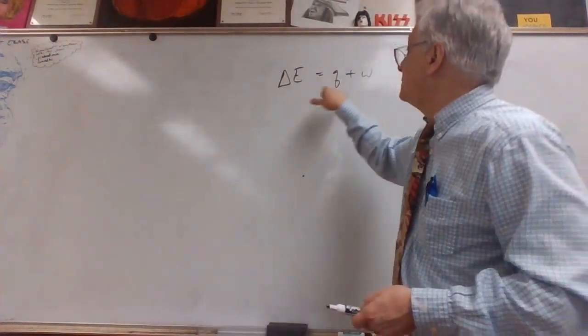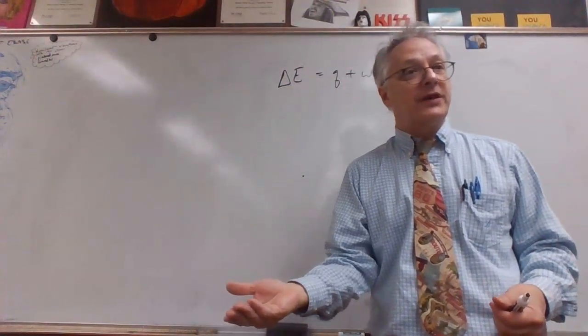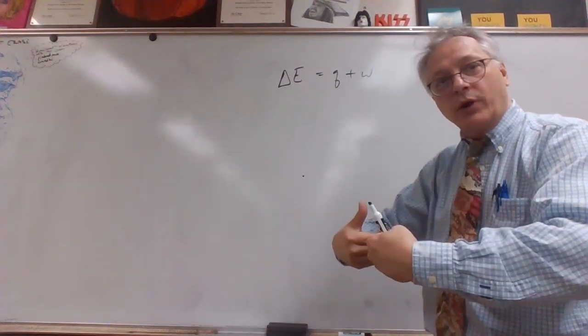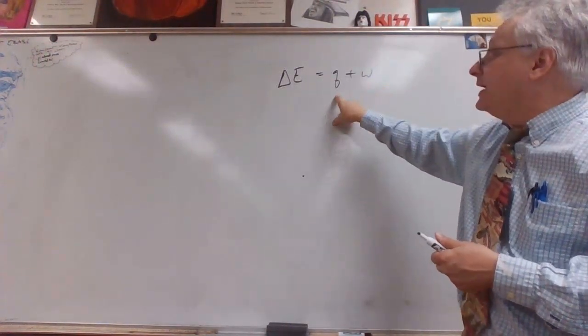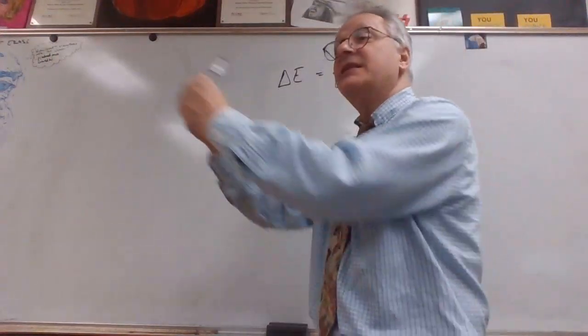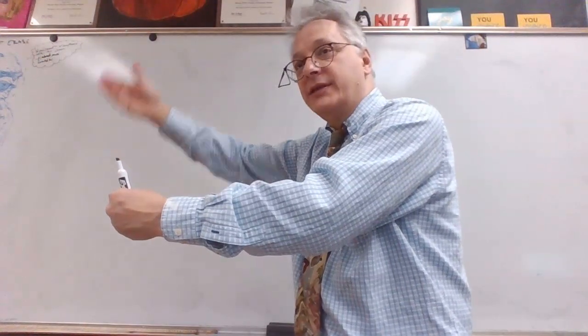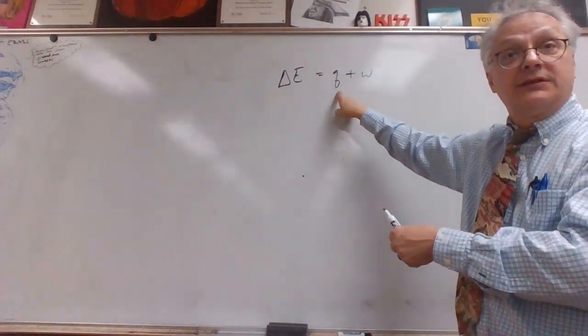So if the system is doing work, W is going to have a negative sign on it. If the surroundings are doing work on the system, the value will be positive. If heat is leaving the system and causing an increase in temperature of the surroundings, then Q is negative for the system.